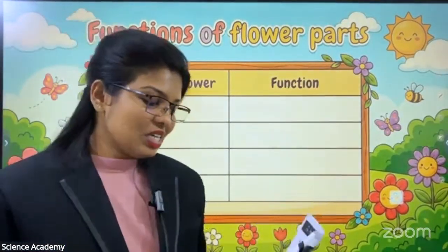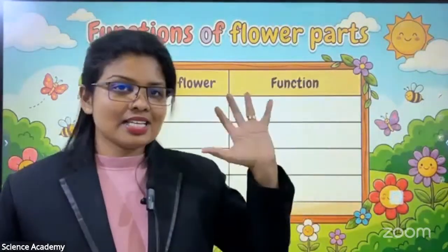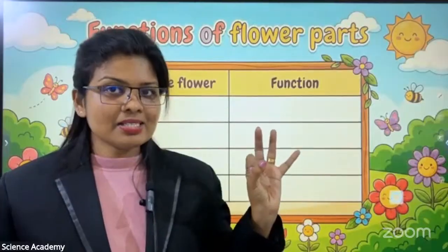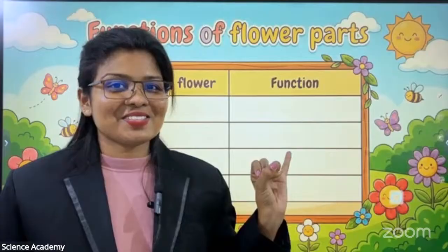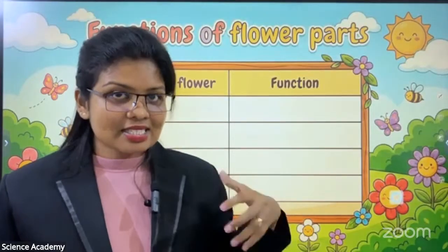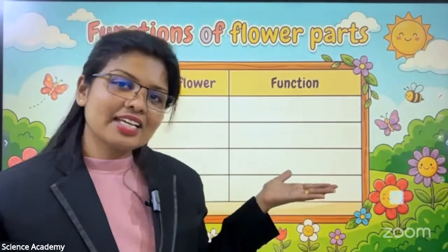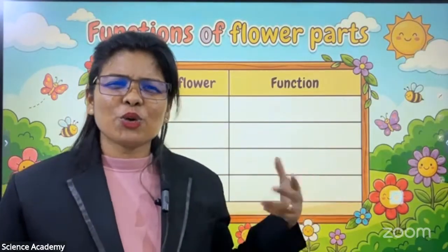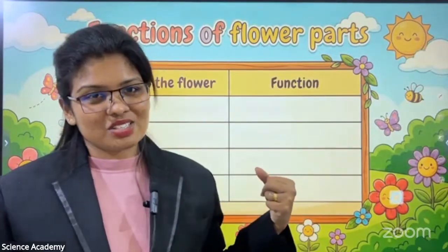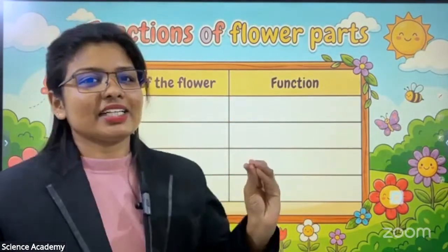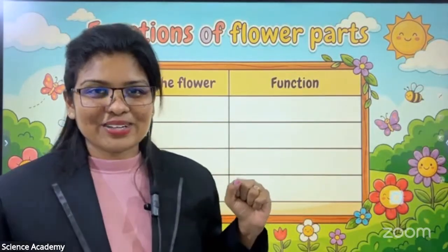We discussed sepals, petals, and then androecium and gynoecium as main parts. I think you had better know about these parts and their functions. It is enough to know the functions of these few parts.